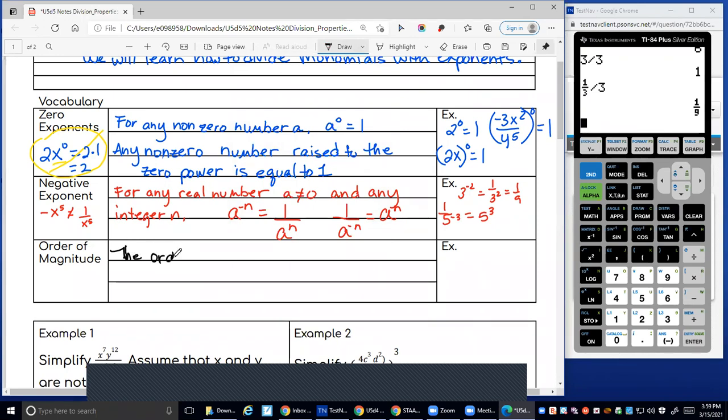The order of magnitude of a quantity is the number rounded to the nearest power of 10.